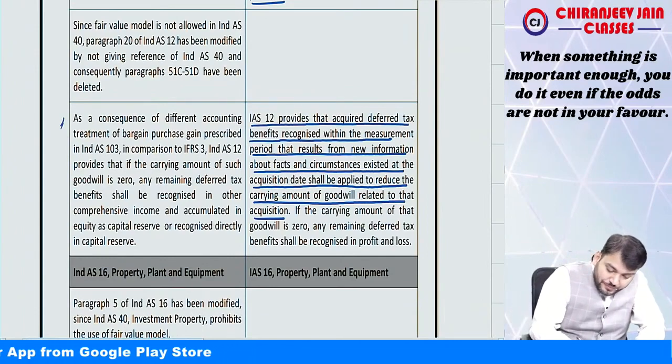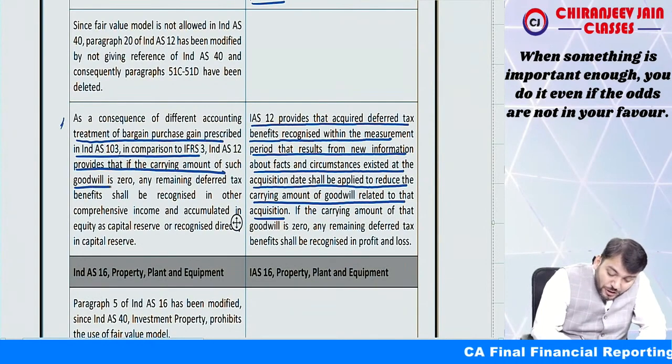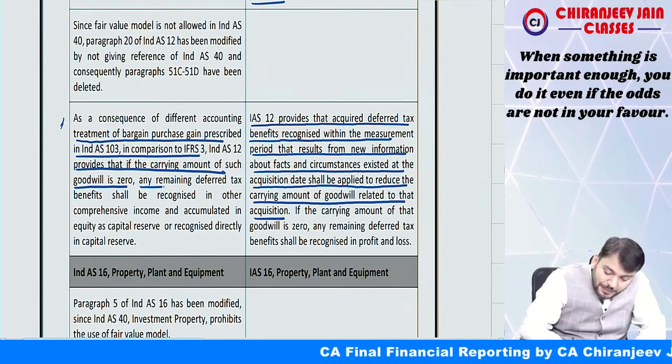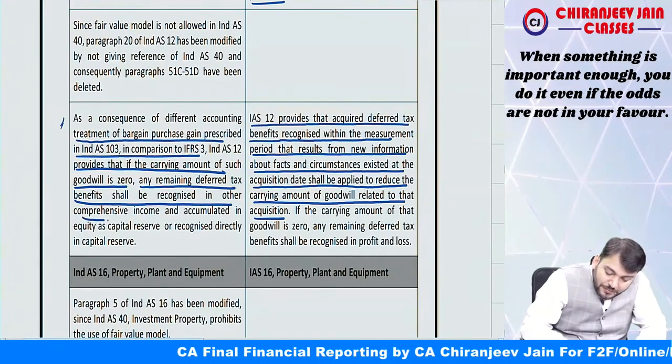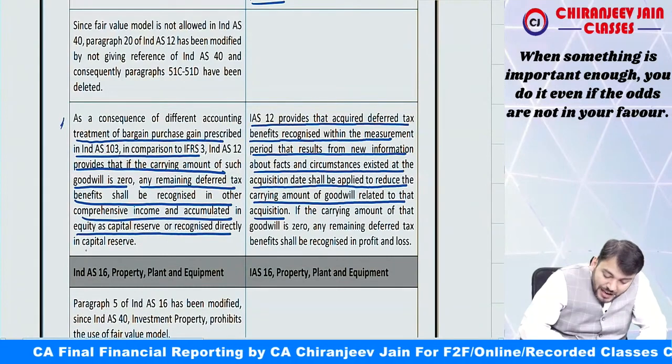So what they said, the treatment of gain prescribed in Ind AS 103 in comparison to IFRS 3, Ind AS 12 provides that if the carrying amount of such goodwill is zero, means if it cannot be adjusted with goodwill, any remaining deferred tax benefit shall be recognized in OCI and accumulated in equity as capital reserve or recognized directly in capital reserve.